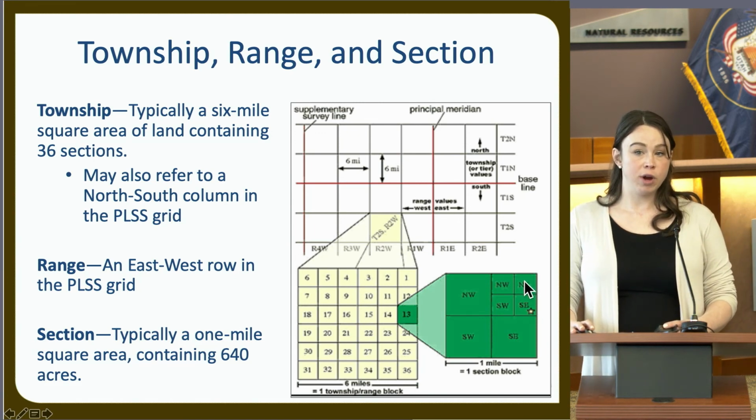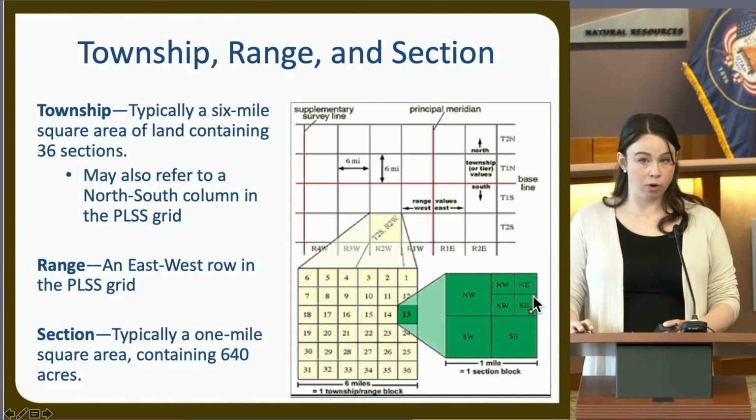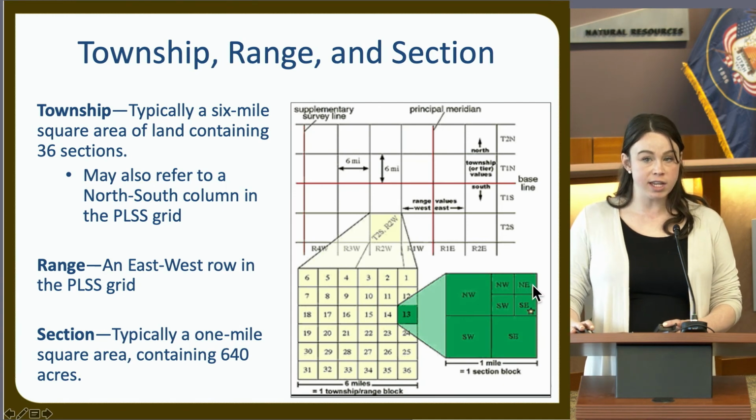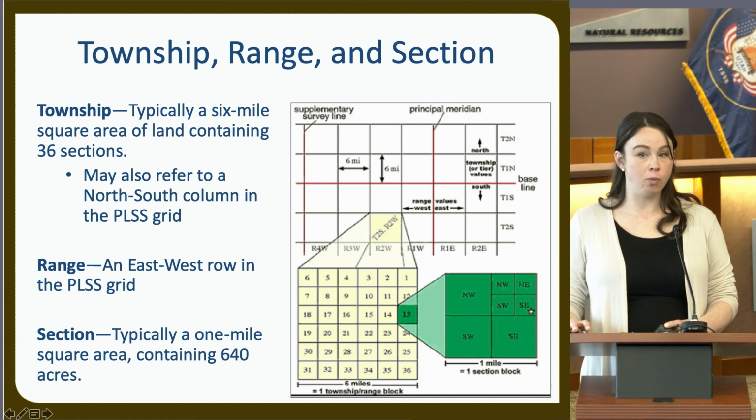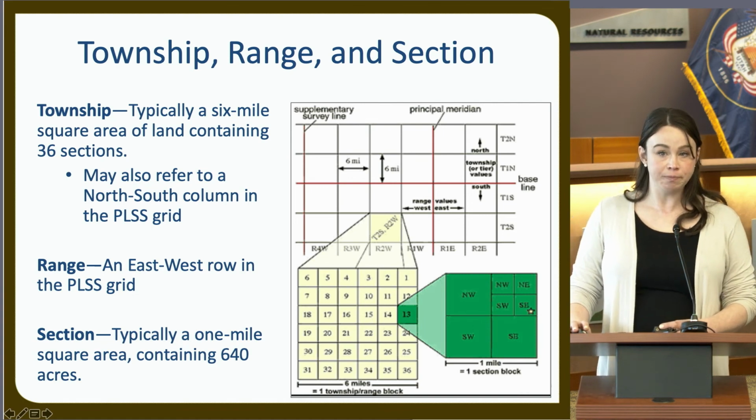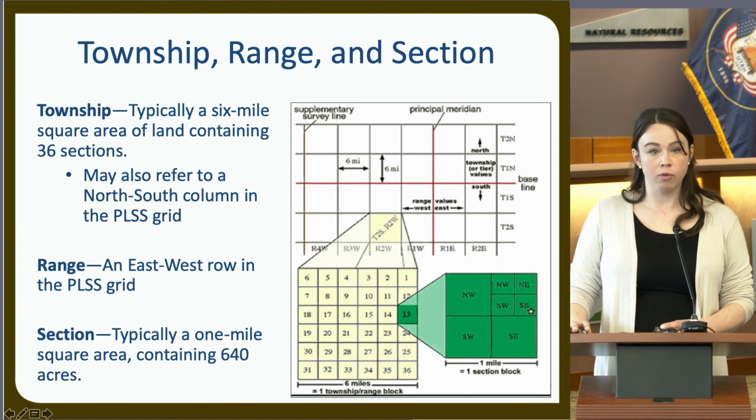I could break this quarter section up again into quarters. So this would be the northeast quarter of the northeast quarter, the northwest quarter of the northeast quarter, and so on. Those small little quarters, which is the smallest that we get here at the division, are actually 40-acre tracts, if you have ever heard that term before.